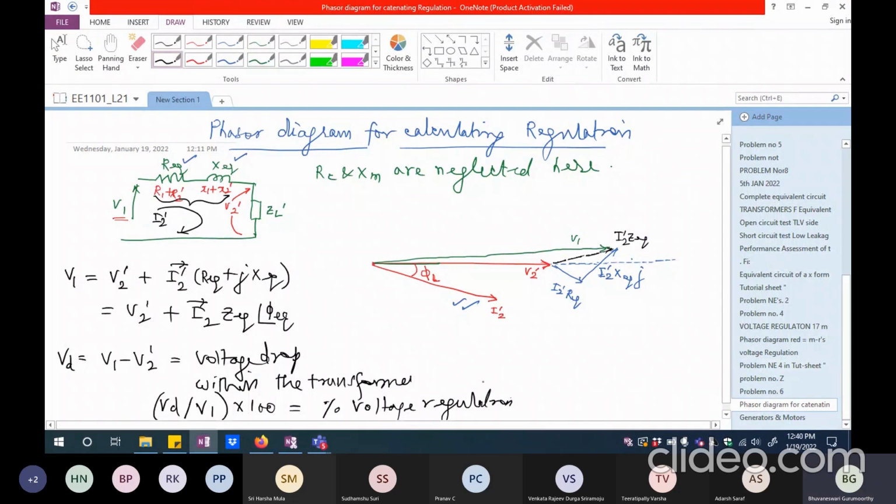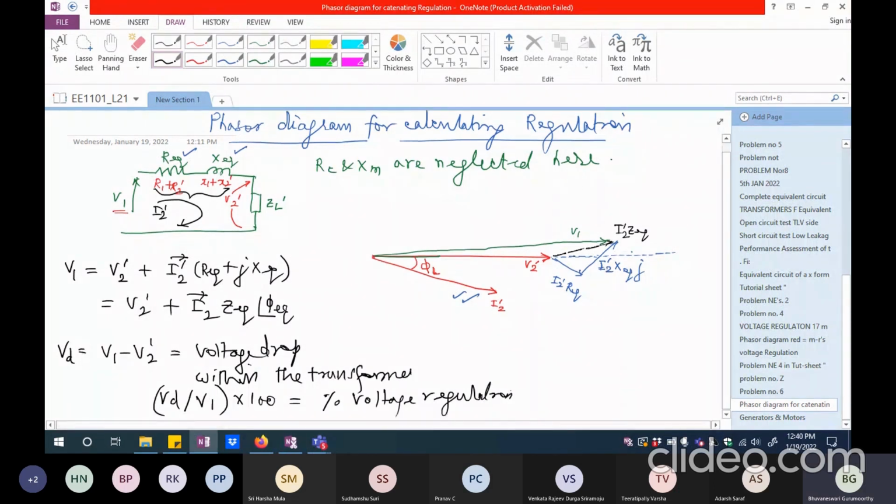So I should be able to write here, if I look at this as I2 dash Z equivalent, then when I add V2 dash and I2 dash Z equivalent, this green color line I have drawn, that vector represents the applied voltage. Now I can drop a perpendicular from here to V2 dash.